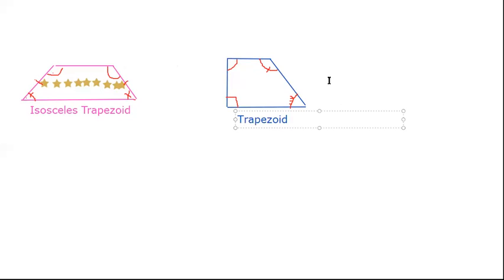Isosceles trapezoids, the top angles are the same, the bottom angles are the same, and the side lengths on the right are the same. These top and bottom pieces in a trapezoid are always parallel.